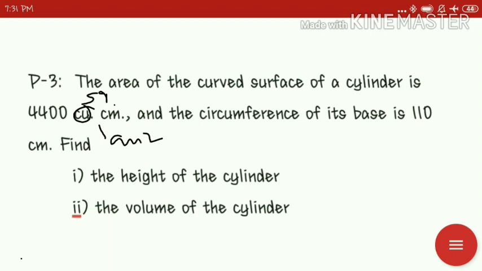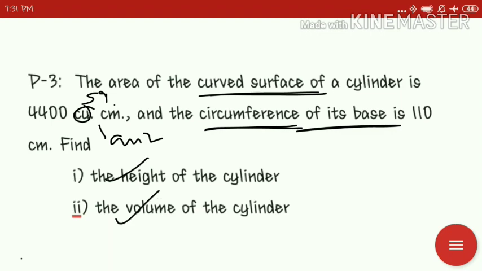Okay, so the curved surface area is given and the circumference of the base is given. We need to find the height and the volume. So whatever is given, we first write the data and then find out what is available to us and what we need to find out. So pause the video and do it by yourself and then come to my solution.